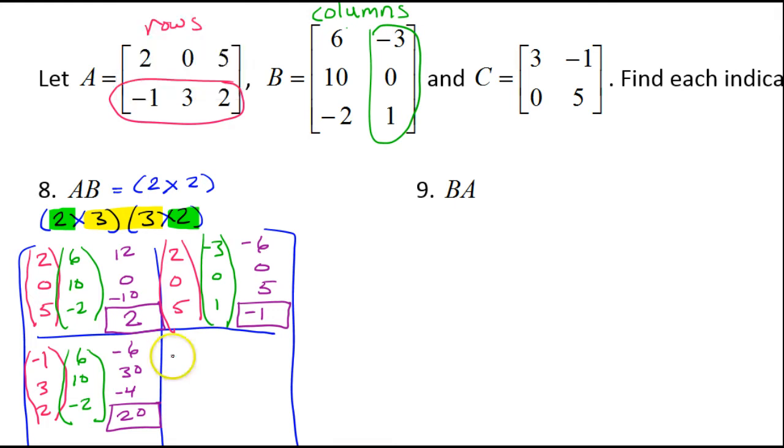So the second row is negative 1, 3, 2. And the second column is negative 3, 0, 1.